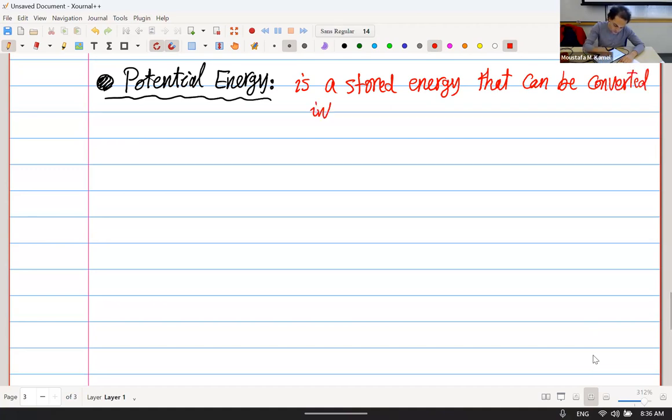So potential energy is a stored energy that can be converted into other forms of energy.